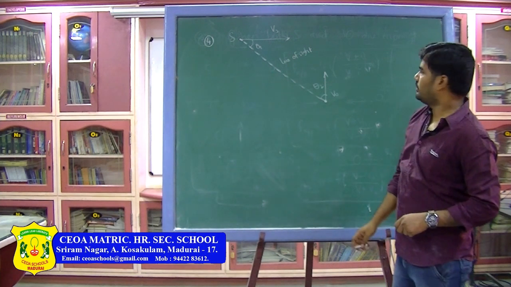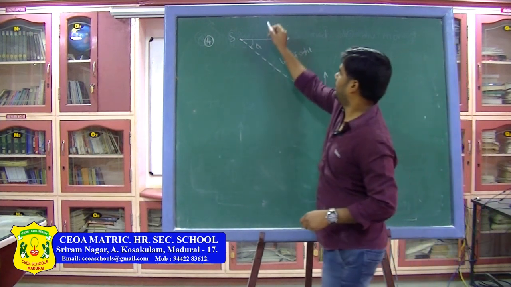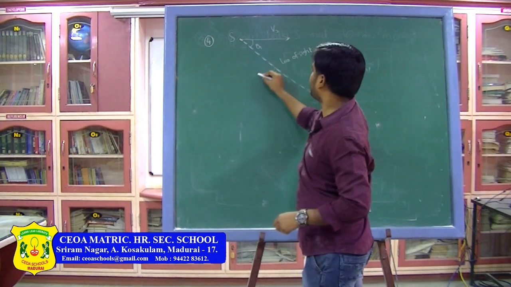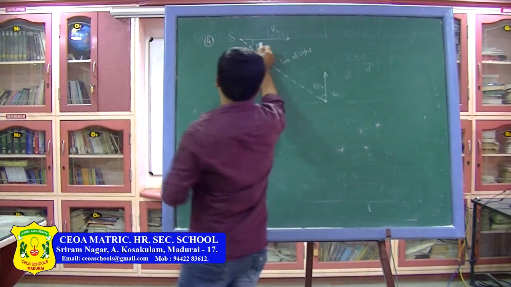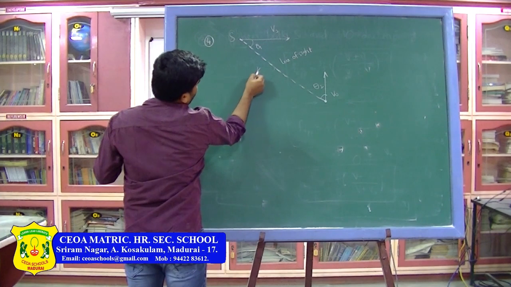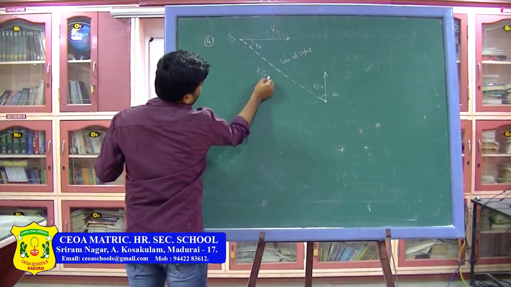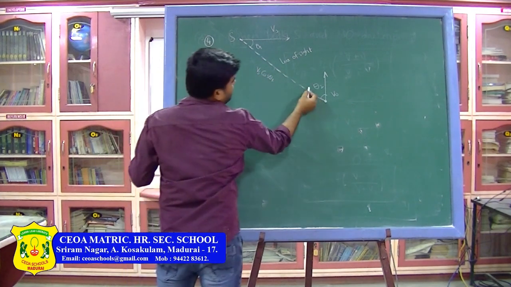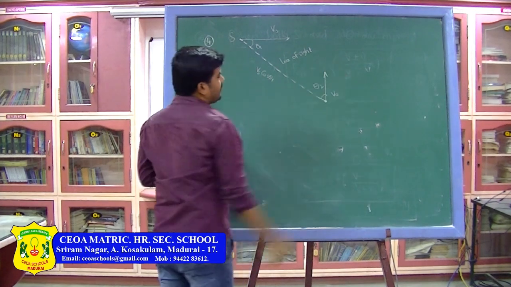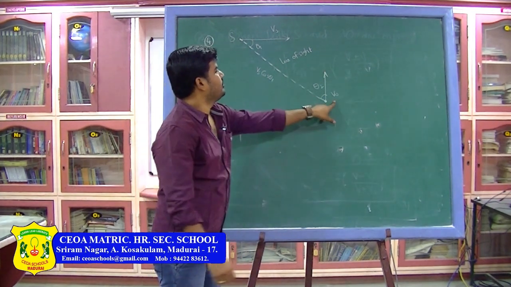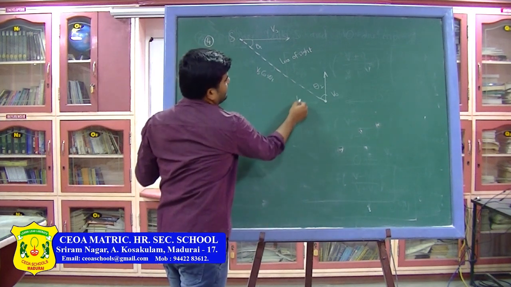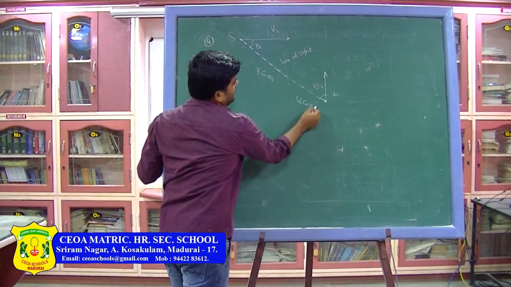Now, take the component of the speed Vs along the line of sight. The component of the source speed is Vs cos theta 1, and the component of observer speed along the line of sight is V naught cos theta 2.